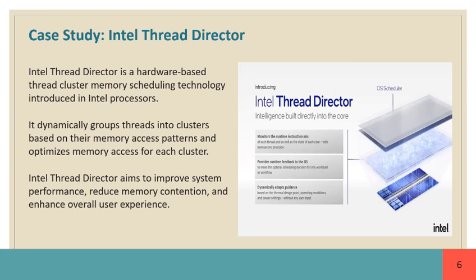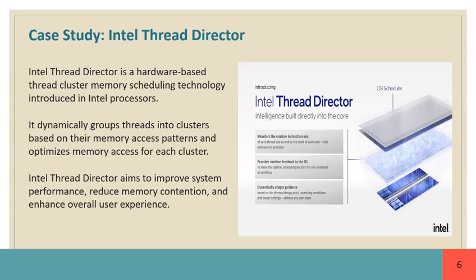As you can see, Intel Thread Director has intelligence built into the core, which is the first part, as an operating system scheduler. And the second is monitors that run time with instructions of each thread as well as the state of each core with nanosecond precision.